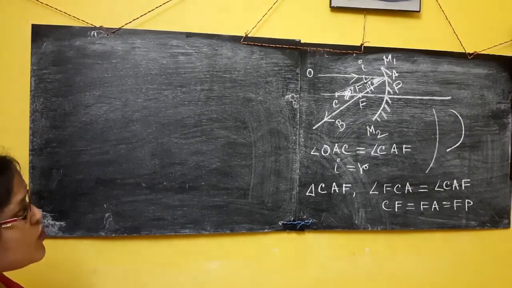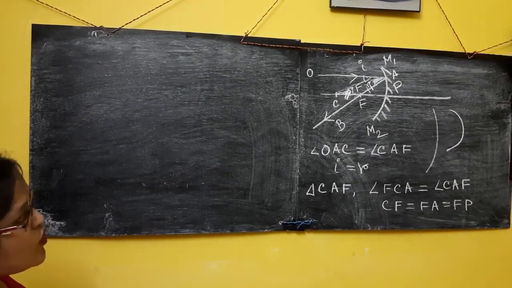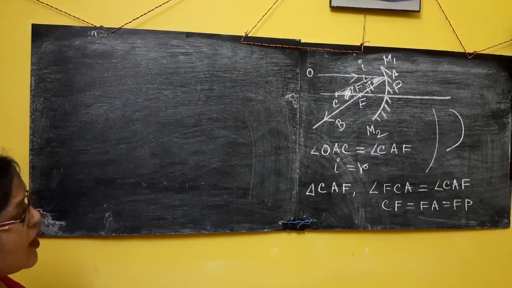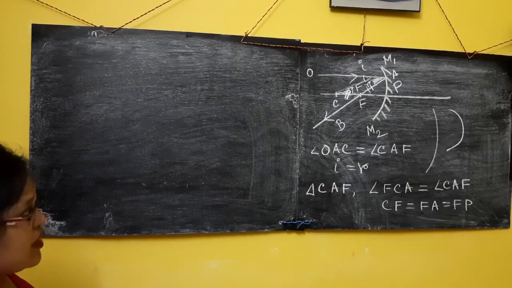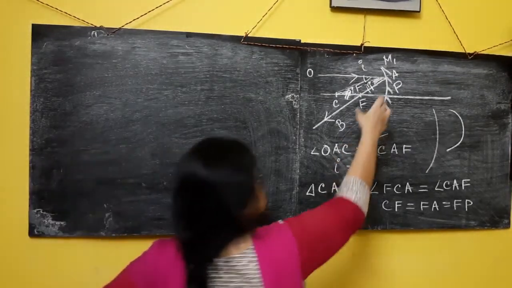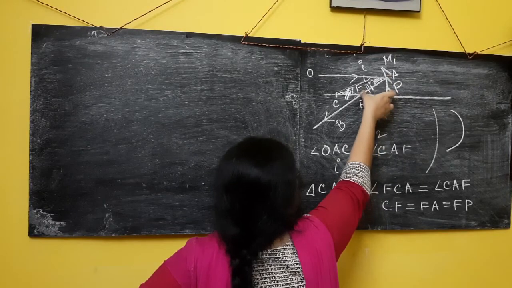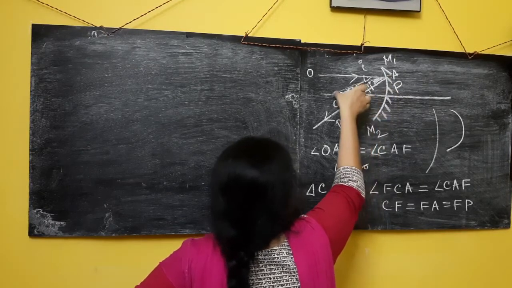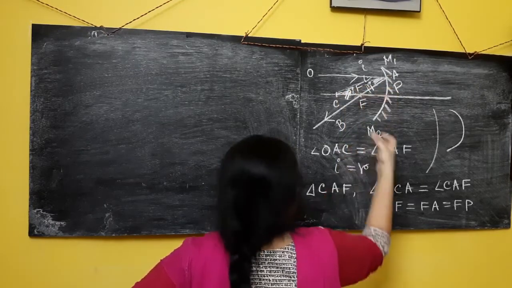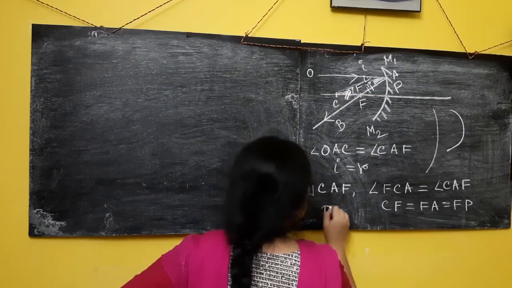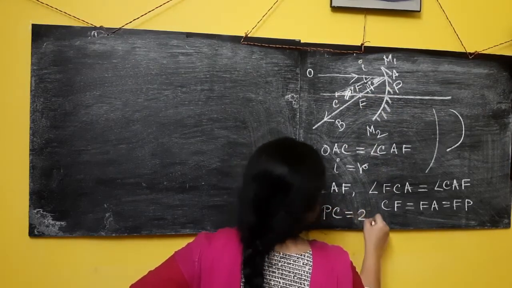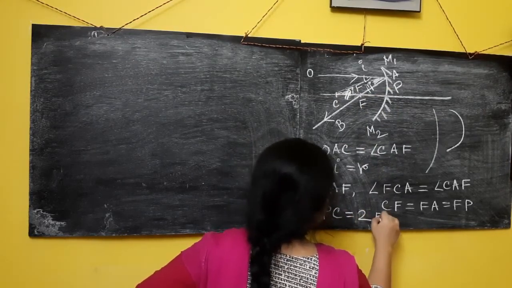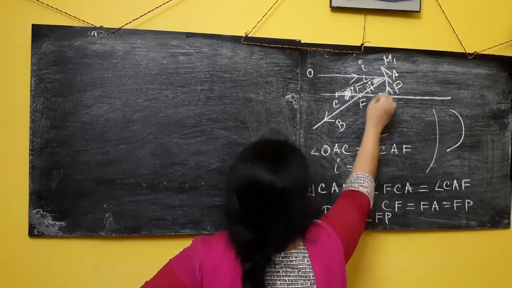Now CF equals FP. If CF equals FP, then FA is equal to this, and CF equals this one. So what can I write? PC equals twice of FP. Now FP is what?